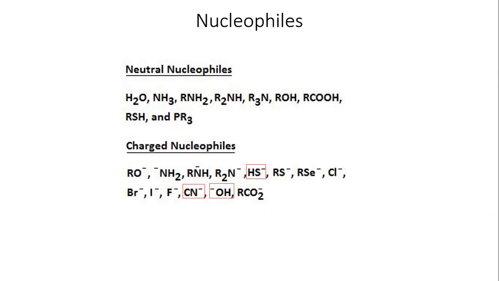Now charged nucleophiles can be what we call RO-, which are called alkoxides. We have different types of anions involving amines. HS- is a very strong nucleophile, just like hydroxide. We also have what are called carboxylates. That's what this one is referred to as.